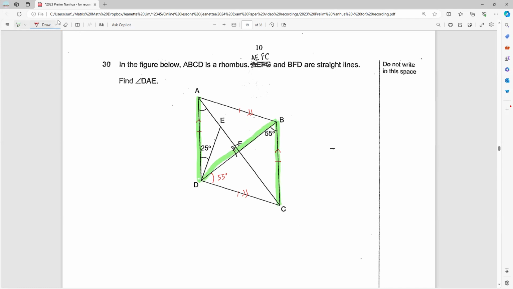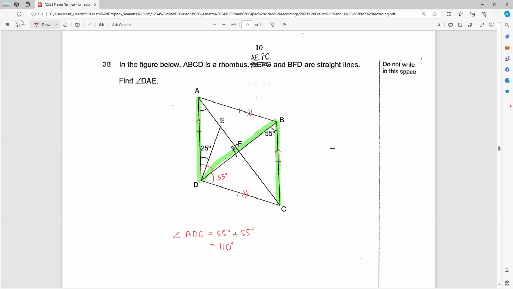So alternate angles means that this is also 55. So angle ADC is actually 55 plus 55, because ADB is the same as DBC, 55 degrees. So 55 plus 55, 110.